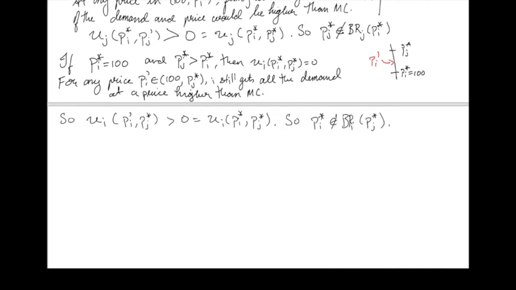The next situation we can think about is where both firms set the same price, and it is a price higher than 100. Could this be an equilibrium? Let's draw that picture again. We've got 100, which is the marginal cost for both firms, and we've got PI star equals PJ star. Just like one of the earlier cases, at any price in here, either of the firms can capture the entire market. By undercutting their competitor, a firm can capture the entire market and increase its profit.